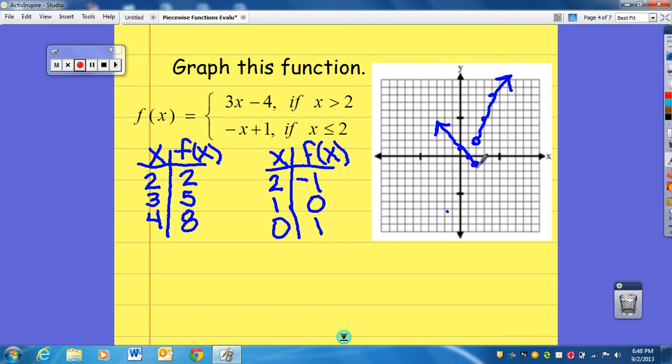In this part of the function, x is less than or equal to 2 for my domain, so I have a filled in circle where my x value is 2, and then as my x values decrease, I'm drawing to the left.